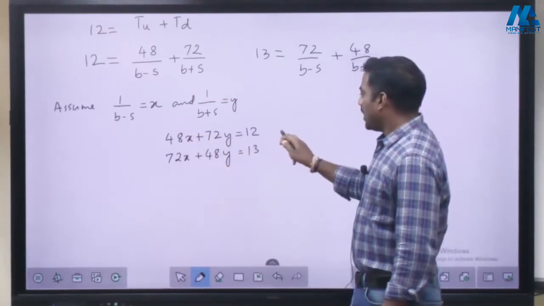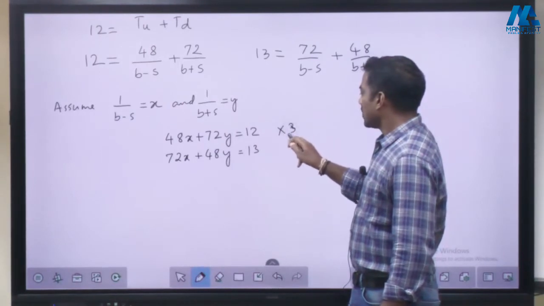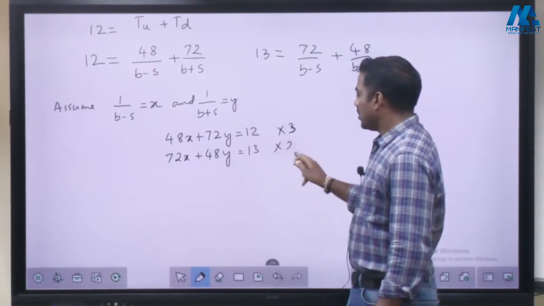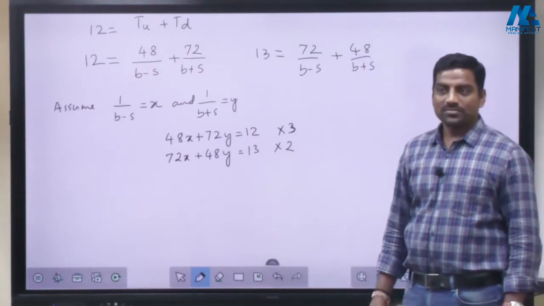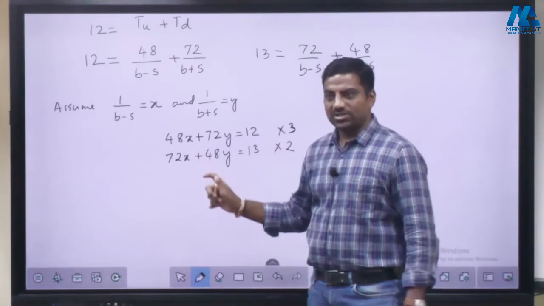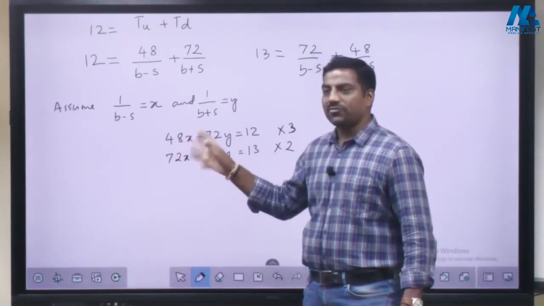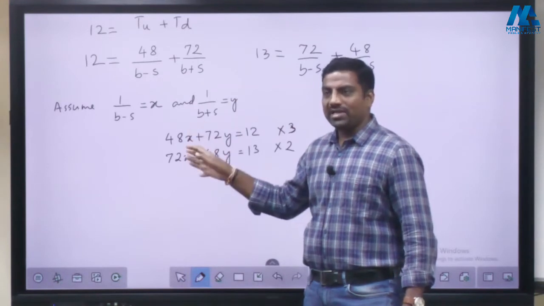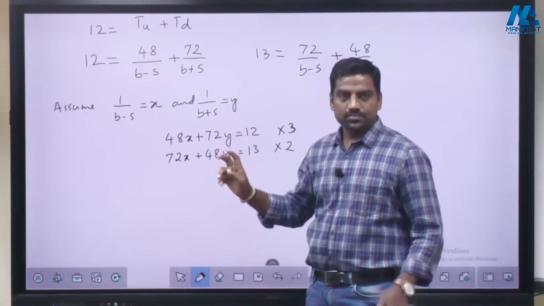So what I'll do, I will multiply by 3 here and here I'll multiply by 2. Don't ask me why. We have to equate the coefficients. This is 2 times of 24. This is 3 times of 24. To equate them, I have to make it 3 times and I have to make it 2 times.